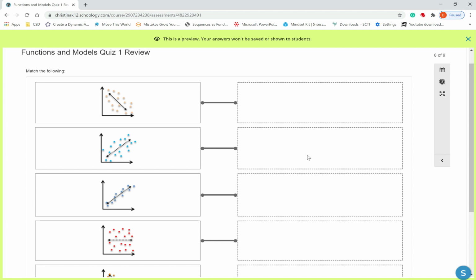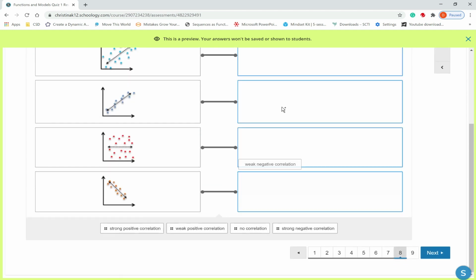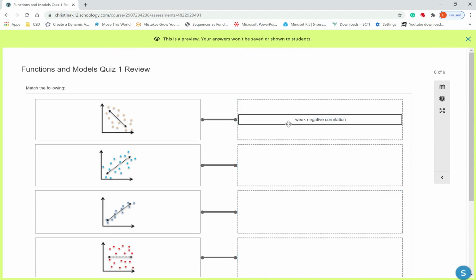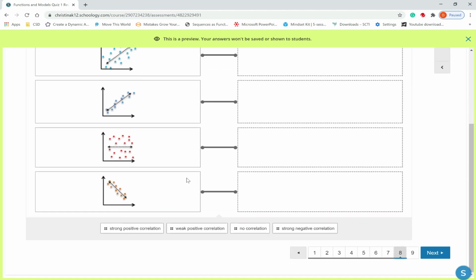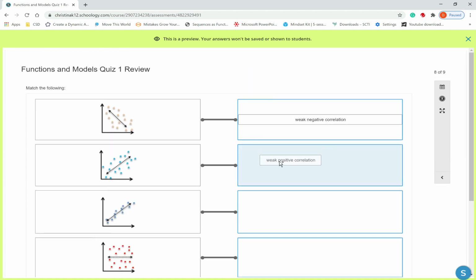Okay, question number 8's matching. The first graph has a negative slope, but it's very spread out. So it's going to be a weak negative correlation. The next one shows a positive correlation or positive slope, but it's also weak compared to the next graph.